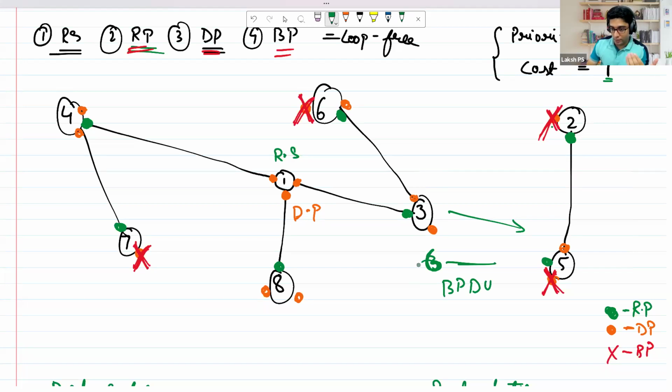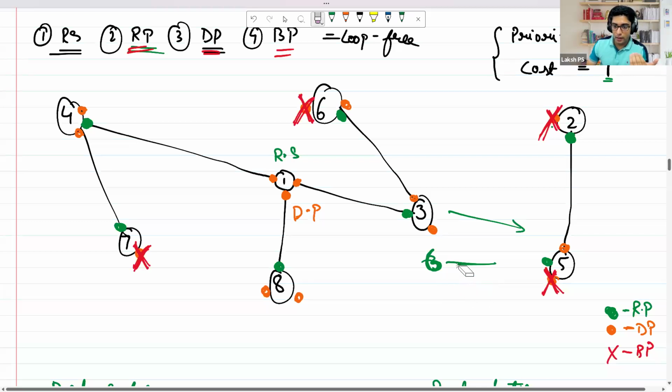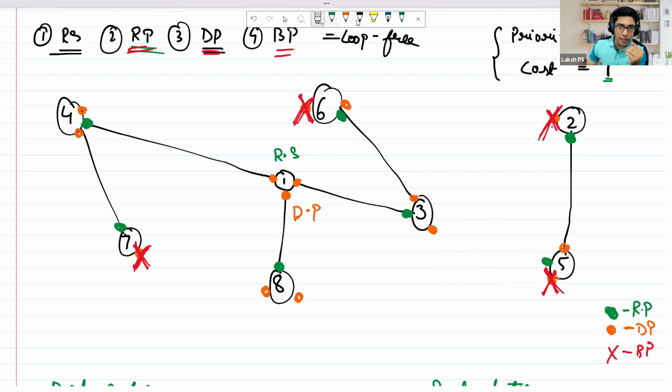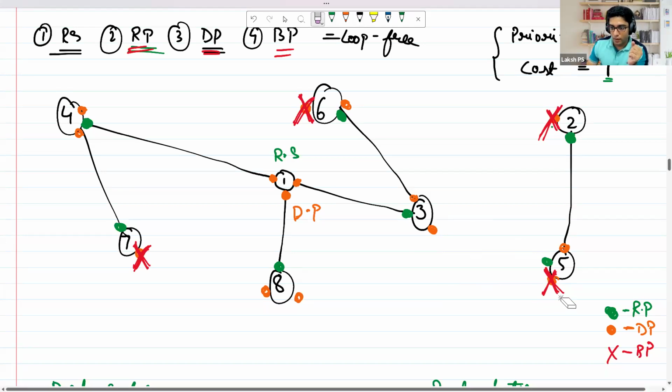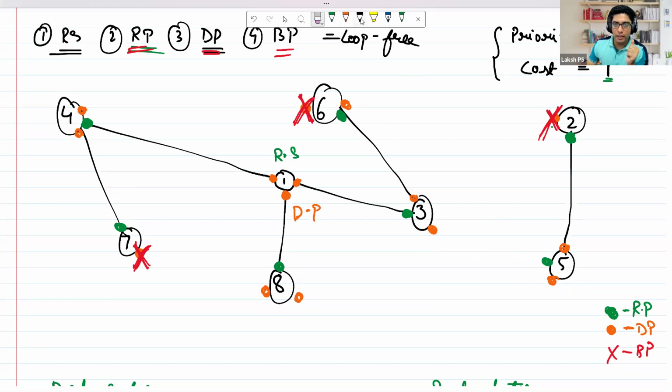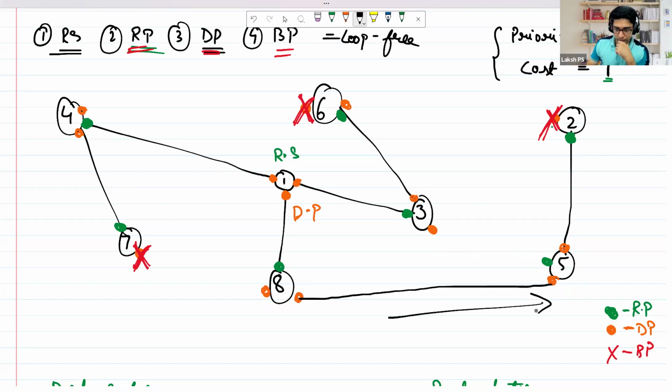If it does not, what is it supposed to do? 5 will try to unblock this interface. Because anyway, this is blocked. He needs to unblock it so that from this side, BPDUs can be received. This is what actually happens.